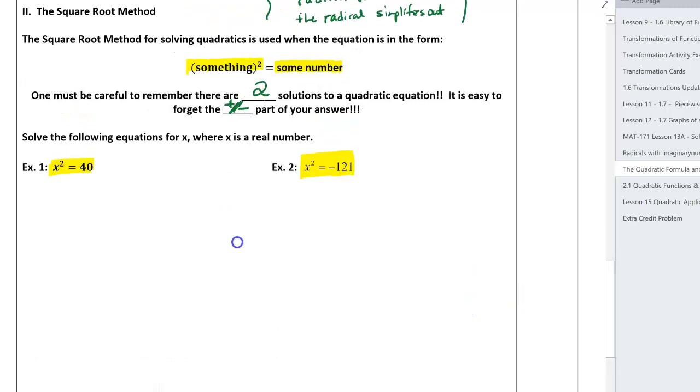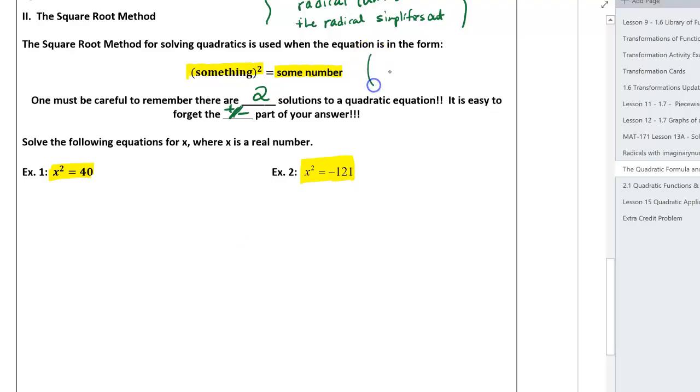Notice that the middle term is missing. So there's no x term here, just x squared.